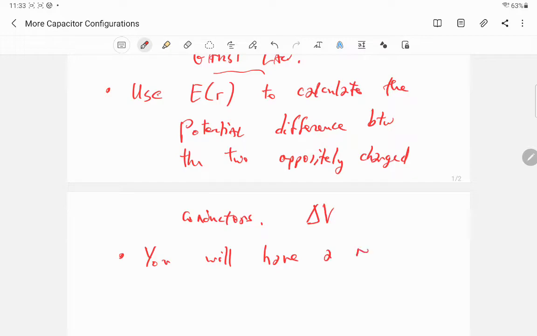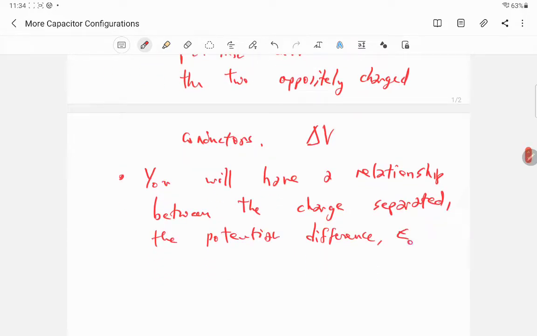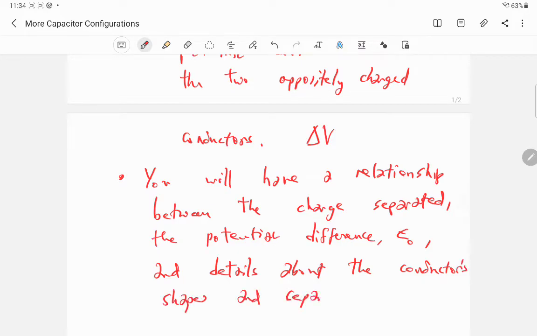So you will have a relationship between the charge separated, the potential difference, epsilon naught, and details about the conductor's shapes and separations, right?